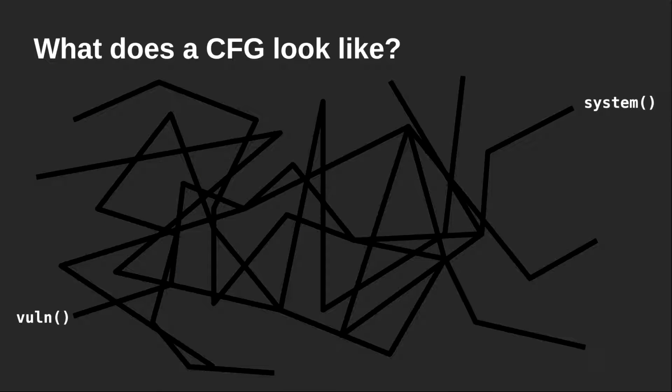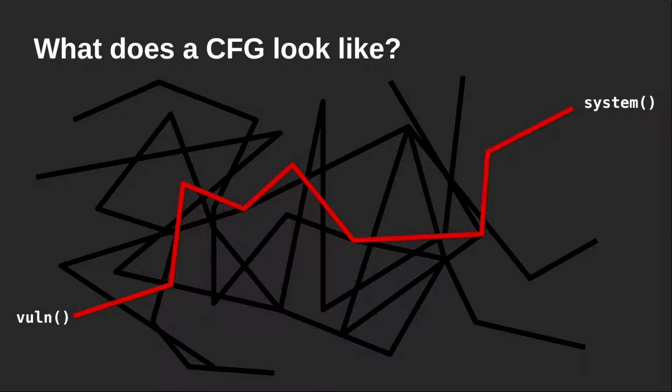And we might ask ourselves, what does such a control flow graph actually look like? For a long time, we thought that this control flow graph is a super, super complex graph that is very complicated, and it will be almost impossible for an attacker to find a path from the actual vulnerability through this complex graph, controlling all the different arguments and constraints to then actually reach system on the other end.